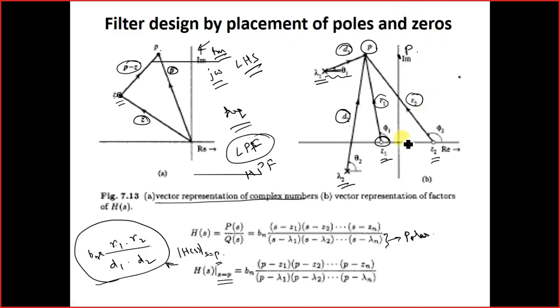So at each and every point on the frequency axis, if the point is here, the distance between lambda 1 to this point and lambda 2 to this point has completely changed. Similarly, the zero distance has also changed. Now if I just shift the P point over here, the distance will again change. So what do you get?